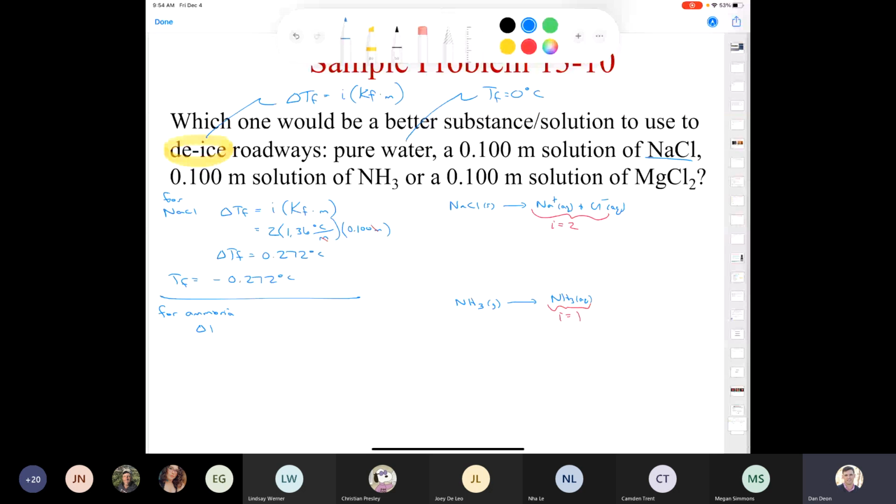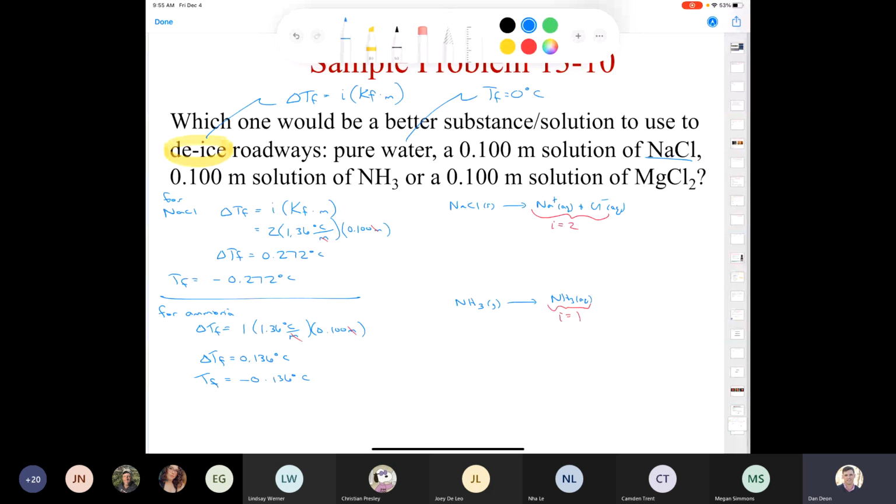Look, my delta TF is going to be equal to 1 times 1.36 degrees Celsius per mole multiplied by 0.100 mole. Okay, and I get that my delta TF, this one you could do in your head, is equal to 0.136 degrees Celsius. Therefore, my freezing point of water is going to be negative 0.136 degrees Celsius.